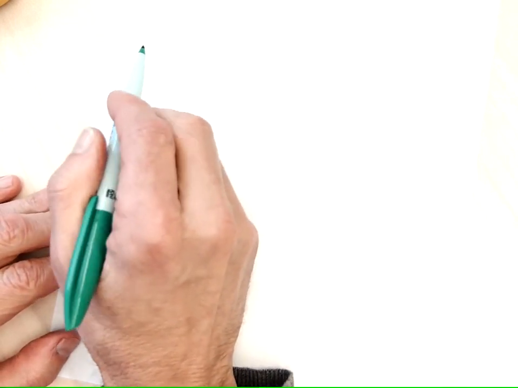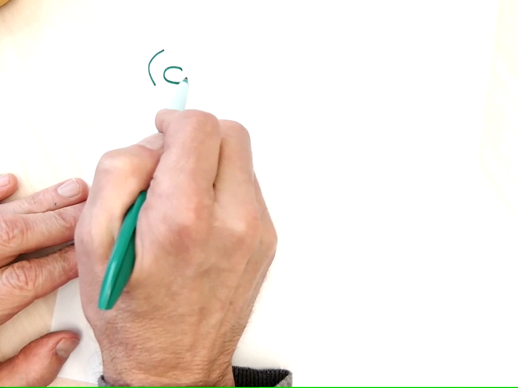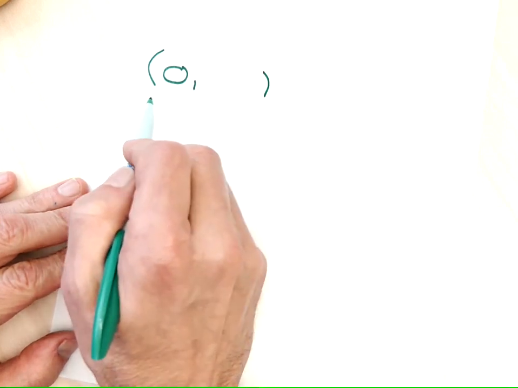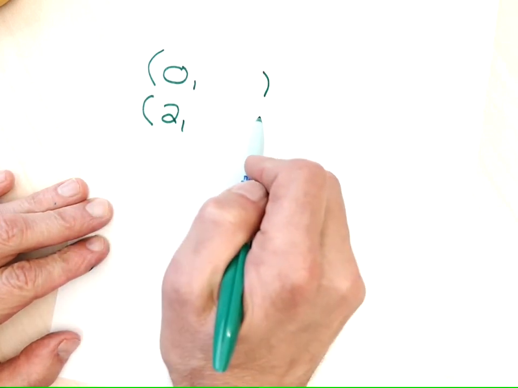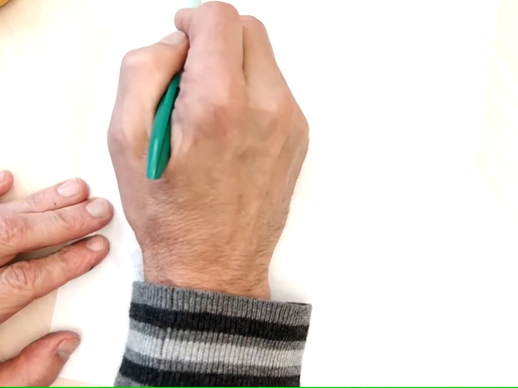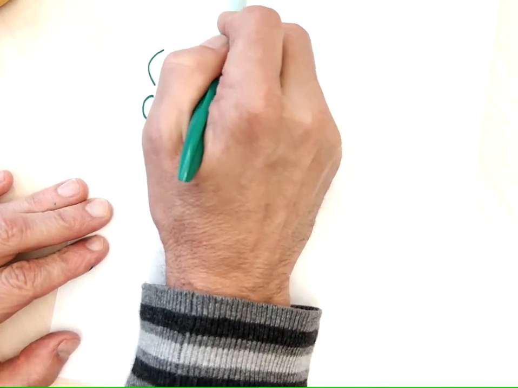Number 10 wants me to find an average rate of change. And an average rate of change is just the slope of a line that connects 2 points. So in problem 10, to do the average rate of change, I need to create 2 points. And these two values right here are the x-coordinates of the points.